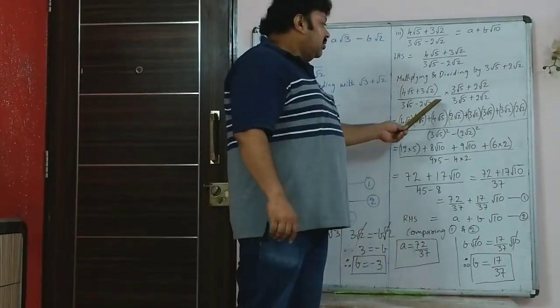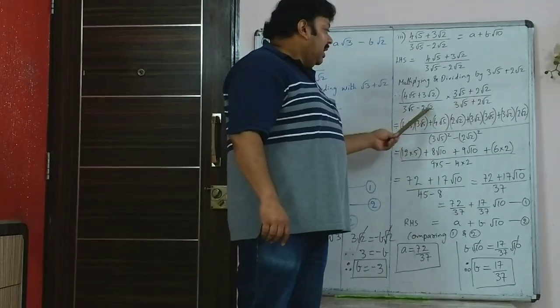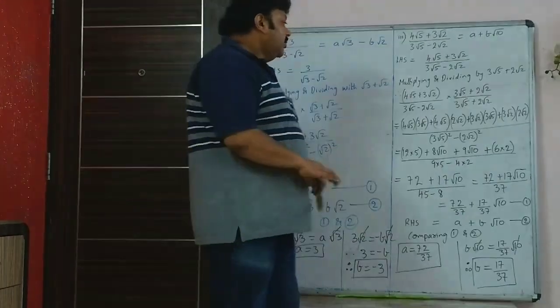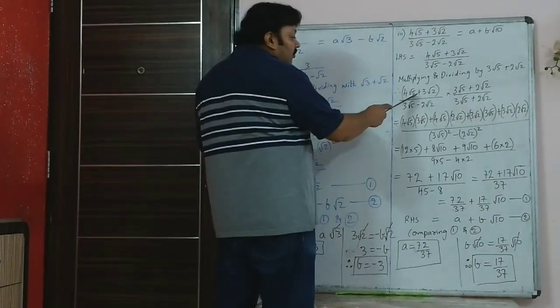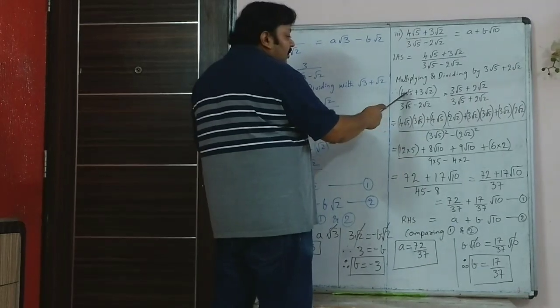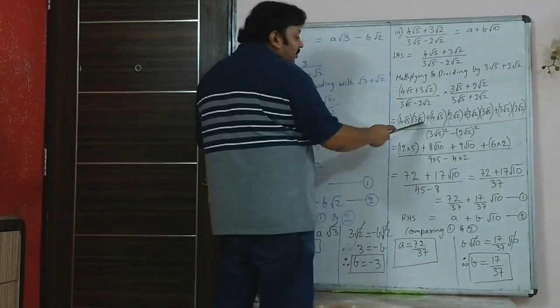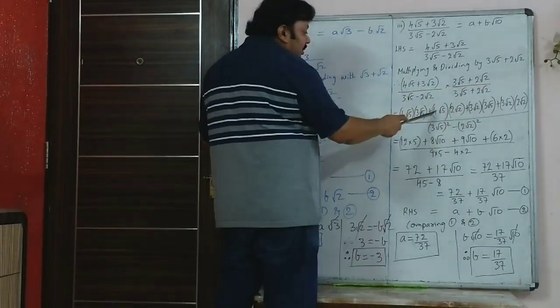Denominator is a minus b, a plus b, so it is a squared minus b squared. Now numerator, like we had done in an earlier sum, 4 root 5 will be multiplied with both the terms. So 4 root 5 I have multiplied with 3 root 5 first, then 4 root 5 and 2 root 2 first plus sign.